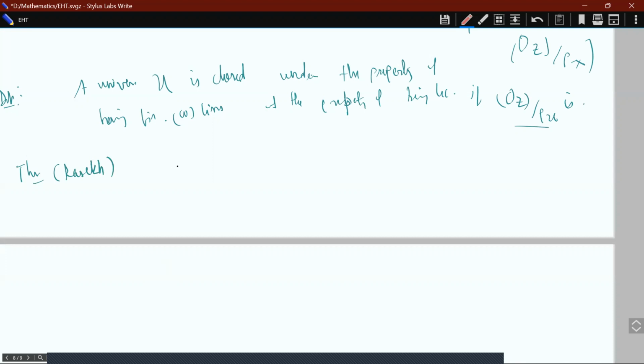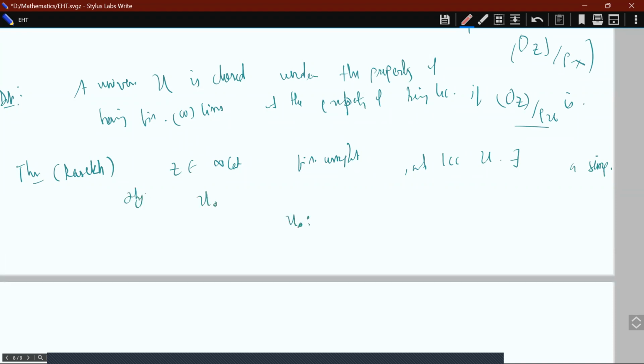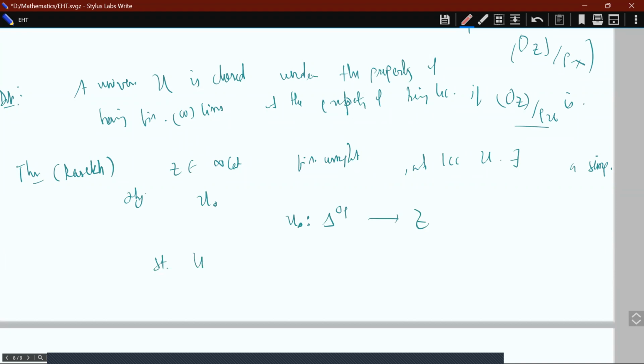Again, let me write this. Z is an infinity category, and it is finitely complete, and you have a locally Cartesian closed universe. Then there exists a simplicial object such that there exists an equivalence.